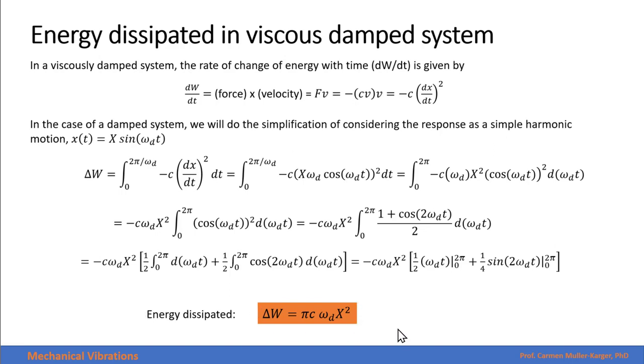Finally, the energy dissipated can be written in terms of pi times the constant of the damper times omega d, which is the damped frequency, times the maximum amplitude squared.